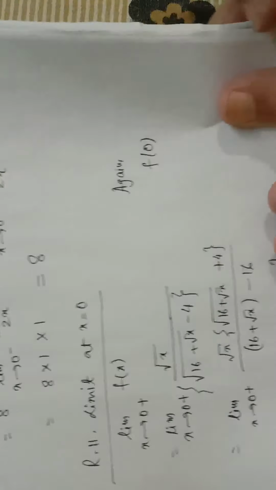X tends to 3 minus means x is almost equal to 3, but slightly less than 3. And box of a number which is less than 3 is 2. So as x tends to 3 minus, its box will be 3 minus 1, that is 2.